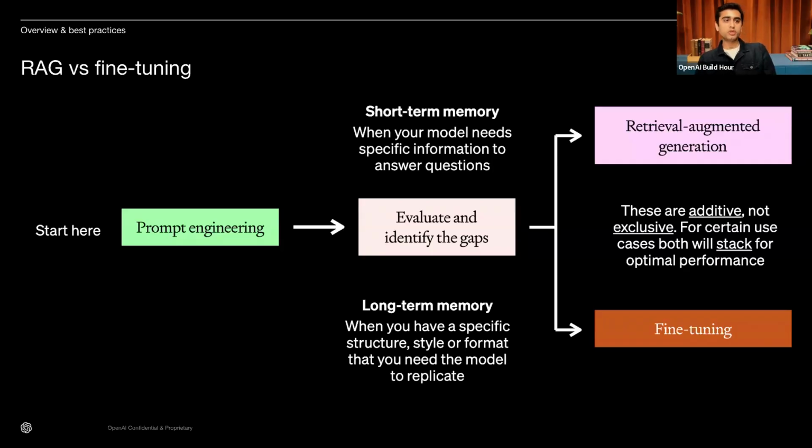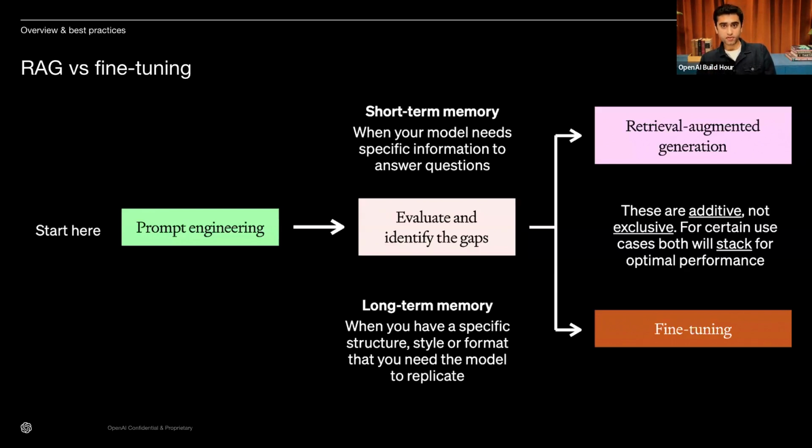One of the common questions we get here is, when do we use RAG versus fine-tuning? So one way to think about this is RAG really augments the model's short-term memory by retrieving relevant information from external knowledge sources during inference. And fine-tuning really updates the model's weights or long-term memory by training on a new task or domain. Like I mentioned, fine-tuning is for form and not facts.